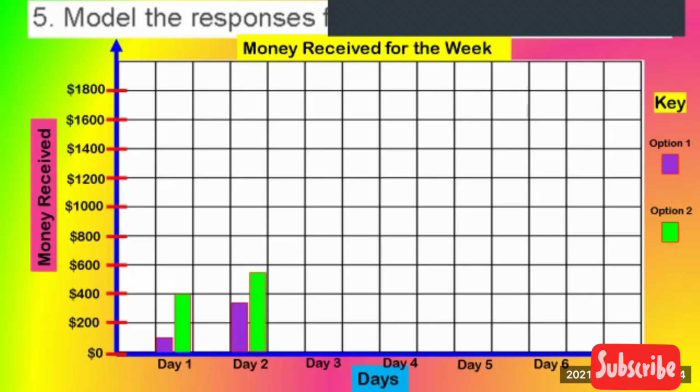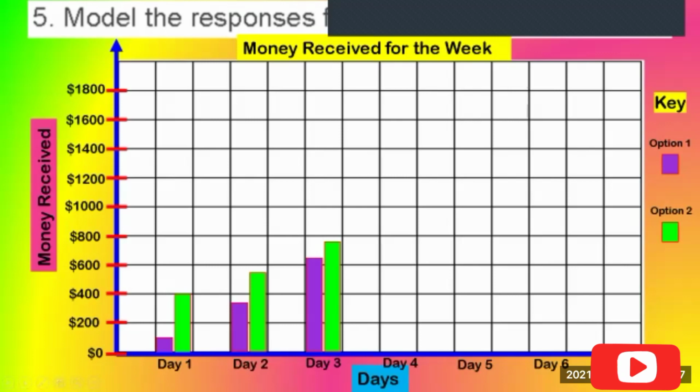And that is how we represent it on our bar graph. On day 3, we have $620 for option 1 and $760 for option 2. And if you note what is happening here, I would have done a little estimation to say that $620 will fall somewhere here, and I come across and I put my bar.